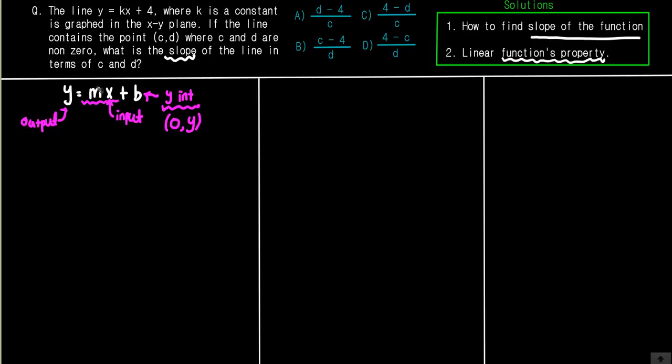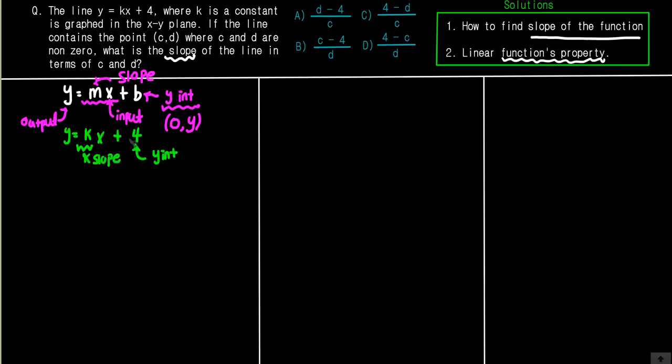And m is the slope of our function. If you compare it with the original function they gave us, y equals kx plus 4, we can think of k as the slope of this function, and 4 will obviously be our y-intercept.